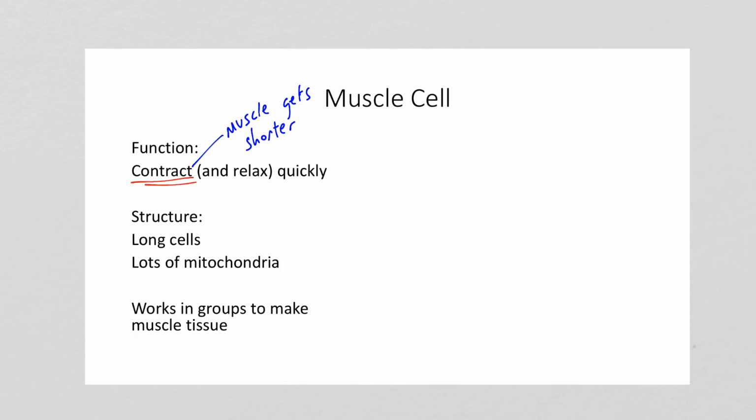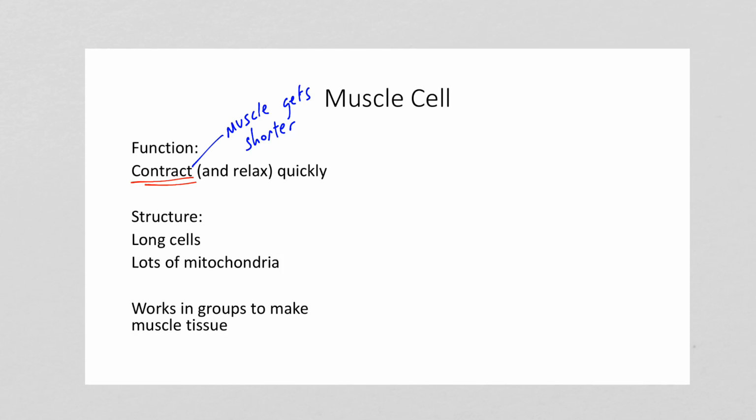There is a string-like part that attaches your forearm bone to your bicep muscle. When you contract your bicep muscle, the reason that your arm comes up towards your shoulder is because that muscle is getting smaller, it's contracting, it's getting shorter, which then pulls on that string-like material that's attached to the bone, and that pulls the bone up.